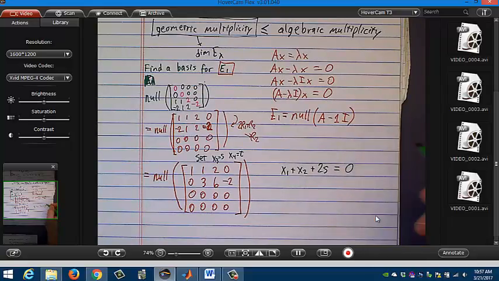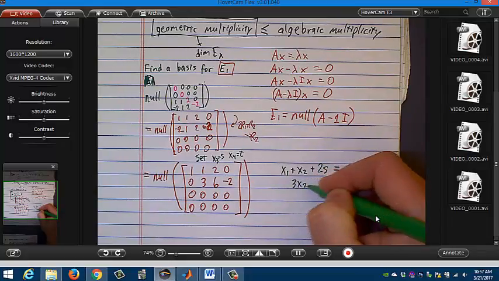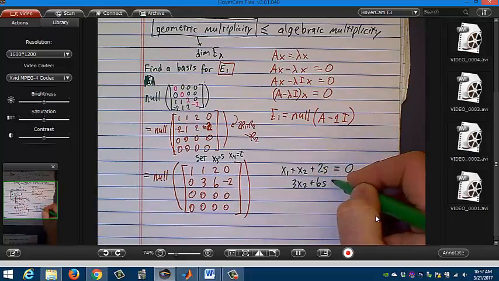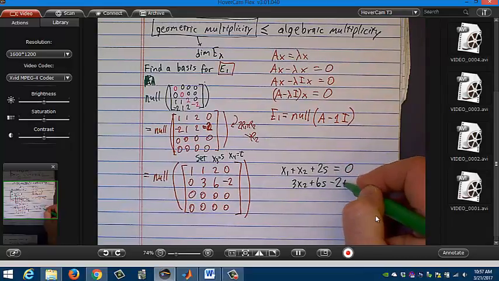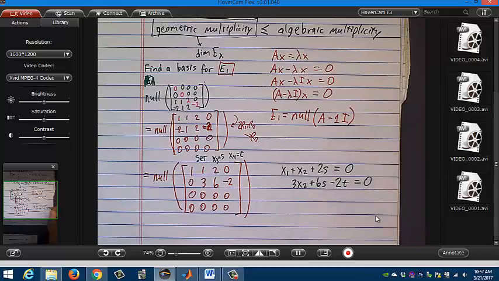And what's the second equation say? 3x2 plus 6x3 minus 2x4. There it is. Yep. So x1 plus x2 plus 2s is 0, and 3x2 plus 6s minus 2t equals 0.